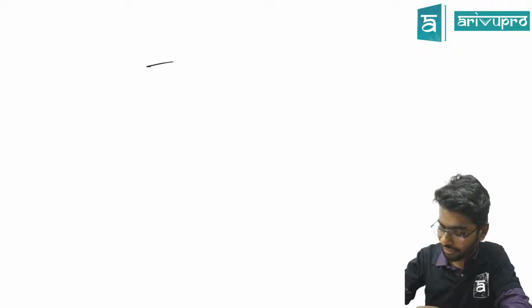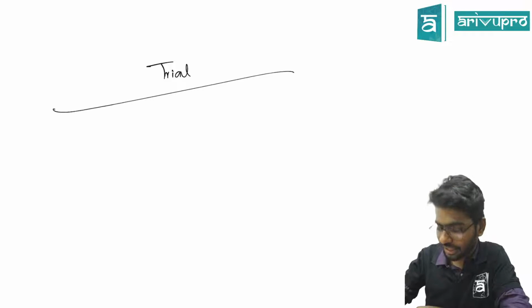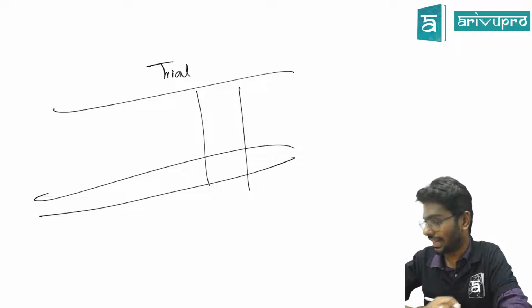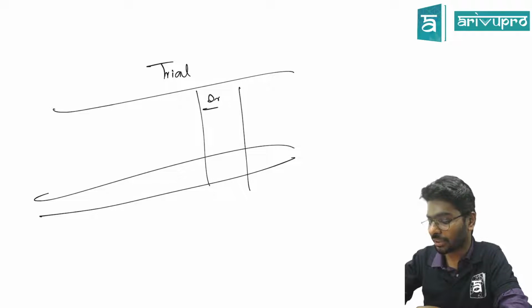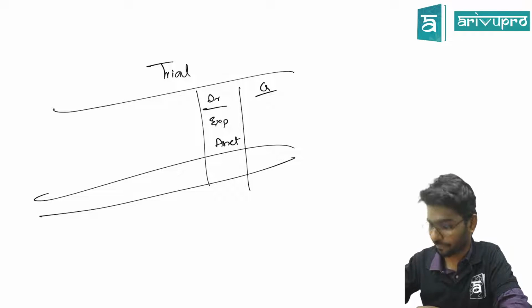The second kind of question you can get is, you will have a trial balance. Whatever is on the debit will either be my expense or my asset. Whatever is on the credit will be my liability or income.